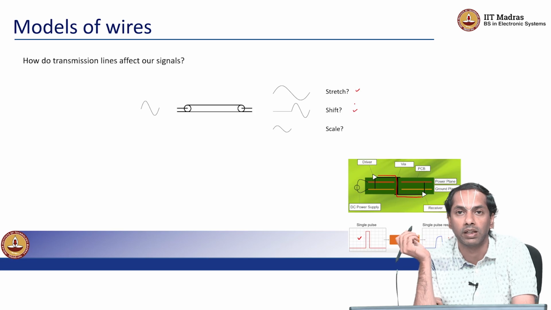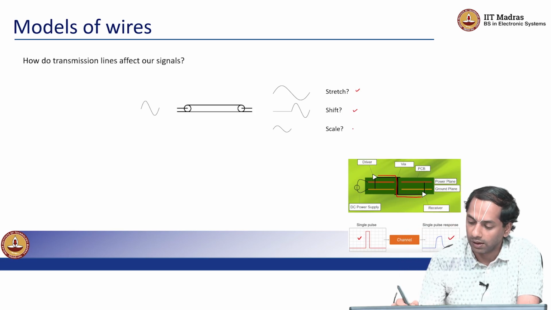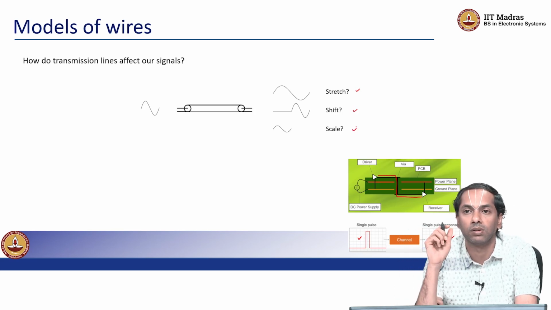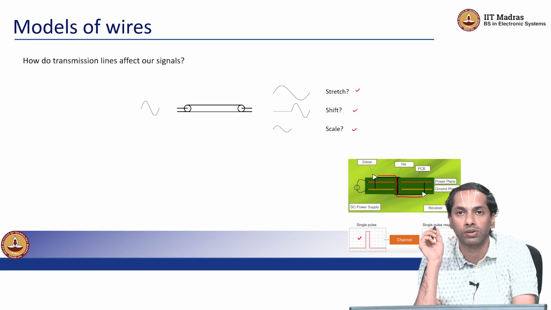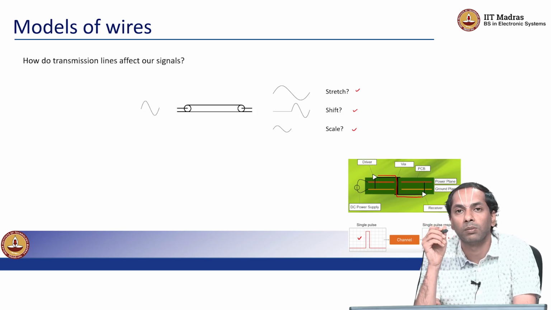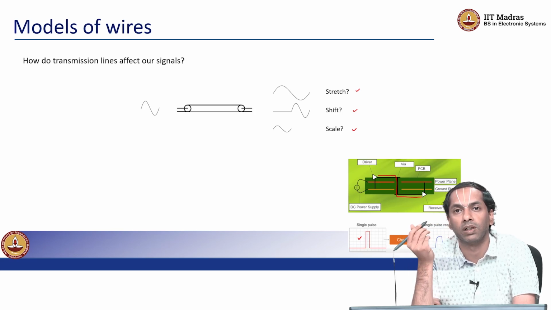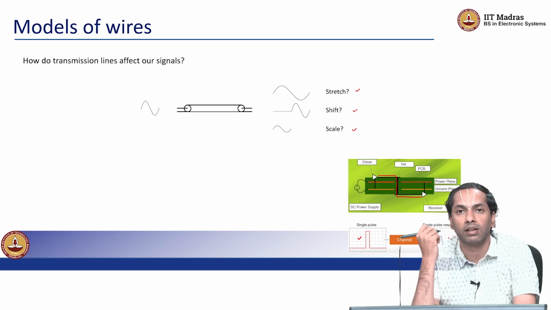This is the speed of light delay that we talked about. And then it has also been scaled, so its height seems to have been reduced. So we have to somehow explain all of these phenomena that seem to be happening to the waveform that was launched into this pair of conducting wires, which we call transmission lines.